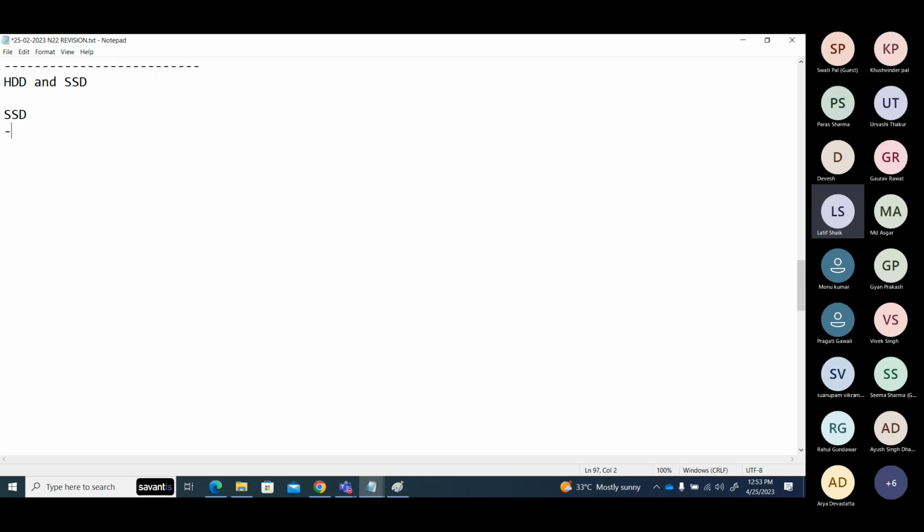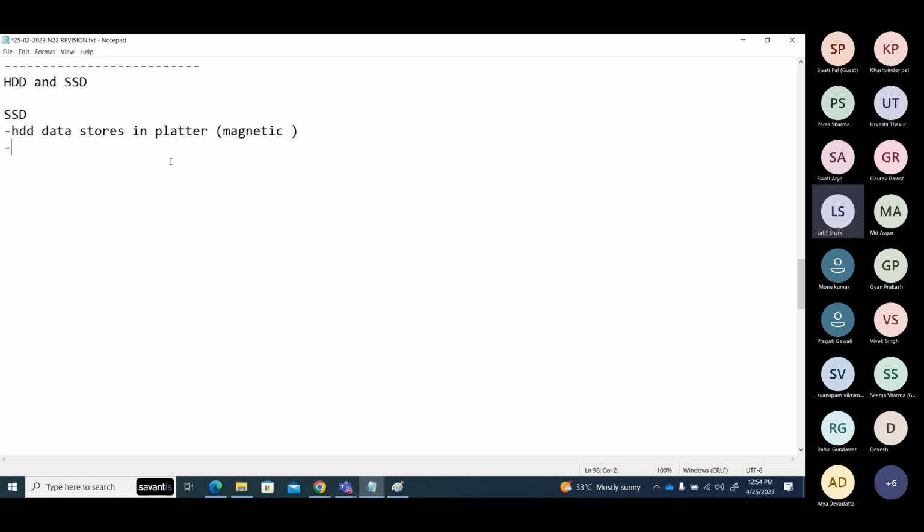In a hard disk, data is stored in a platter, which is nothing but a magnetic material. Data is stored in a platter. So check the spelling again: platter or plotter?